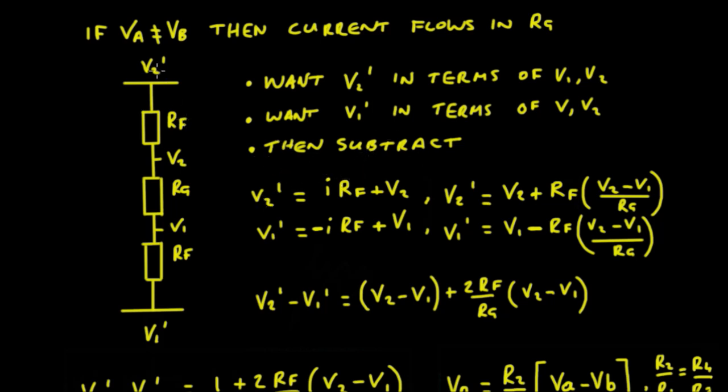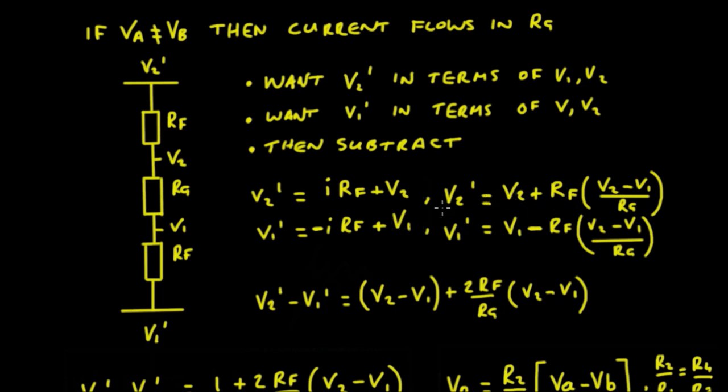V2 dash is going to equal the voltage at V2 plus the volt drop across RF, so it's V2 plus I RF. The same again here: V1 dash is going to equal V1 minus the volt drop across RF, which is minus I RF.